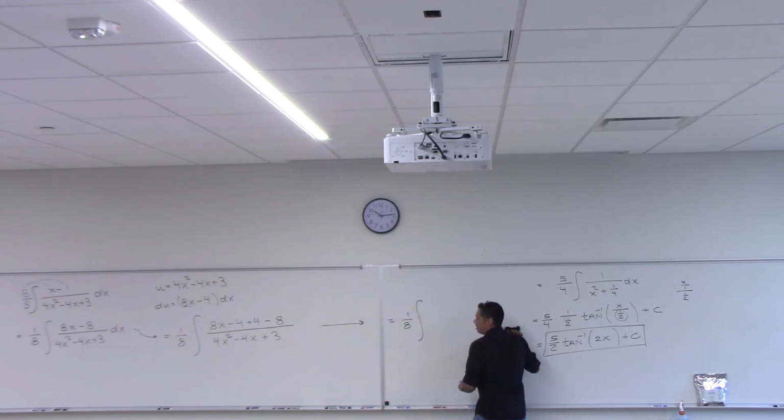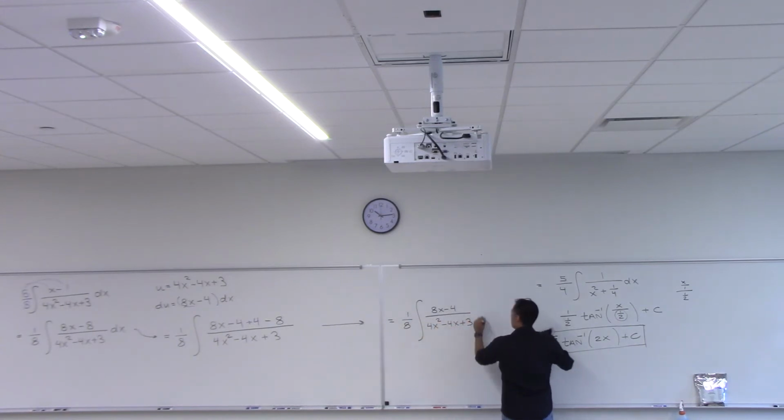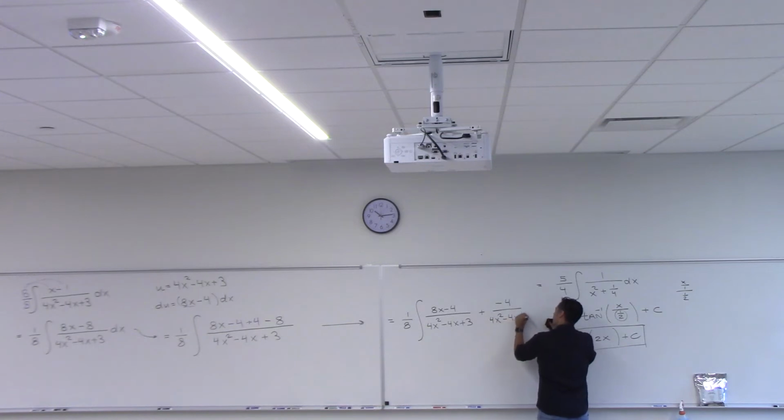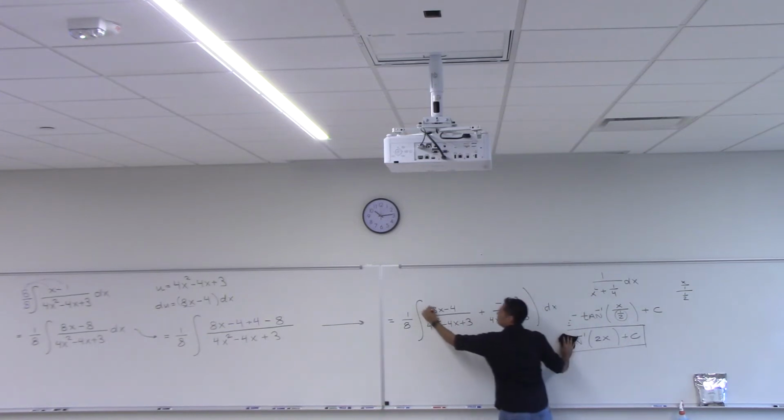integral. Now check this out. This is the cool part. 8x minus 4 over 4x squared minus 4x plus 3 plus negative 4 over 4x squared minus 4x plus 3 dx.